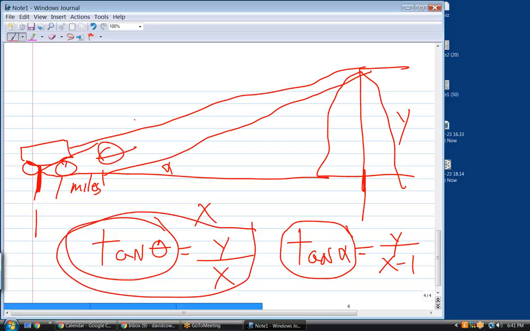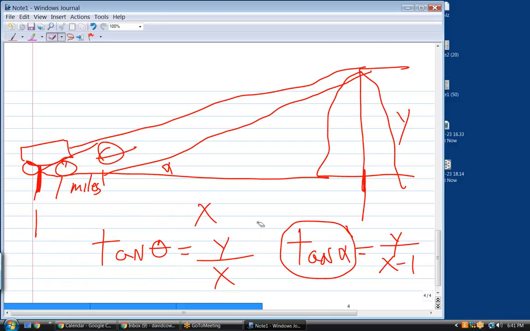But if I have both of them, I'm going to come up with x and y. So x would be 100 miles, and y, the height of Pikes Peak, is about 14,000 feet, maybe? But that's pretty powerful, being able to figure out your distance from something and its height merely by this technique.